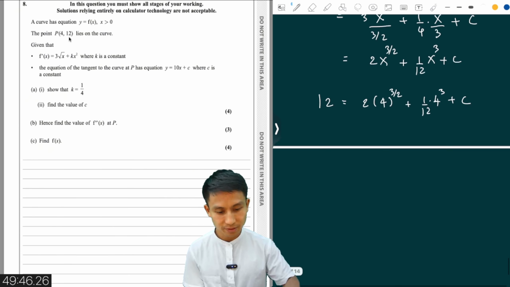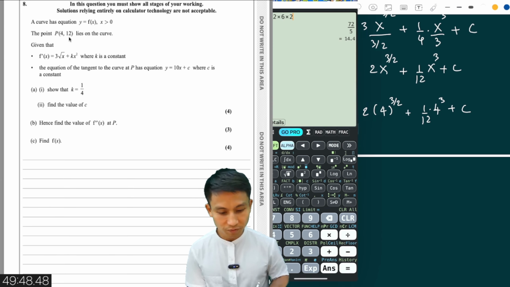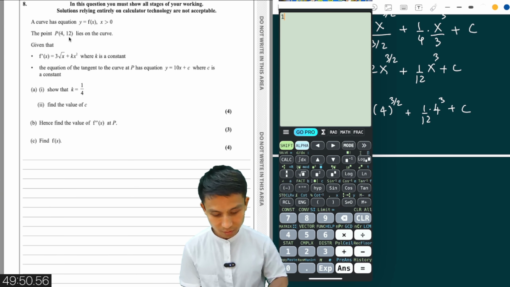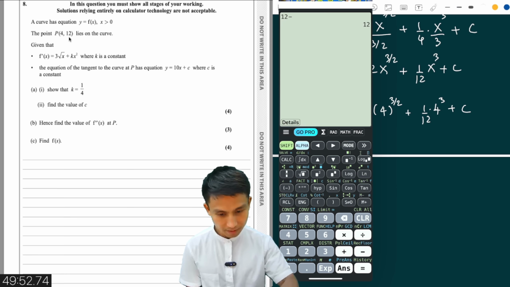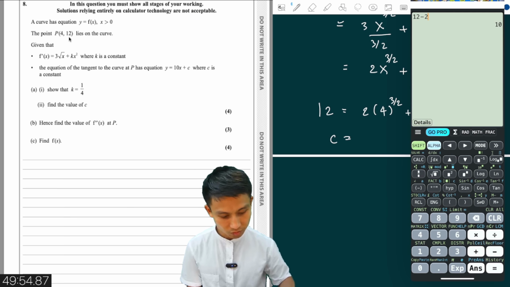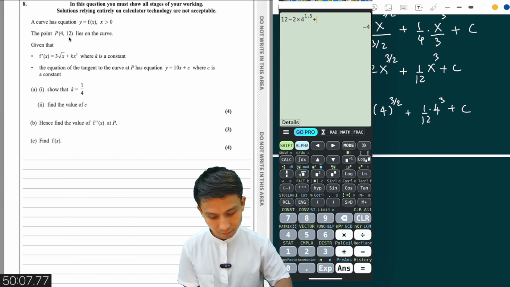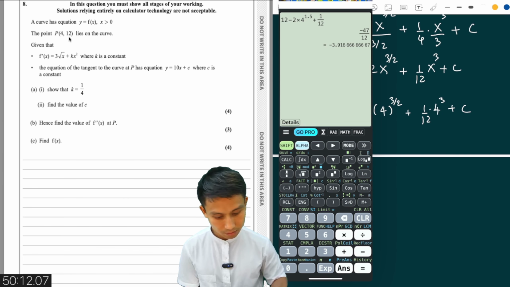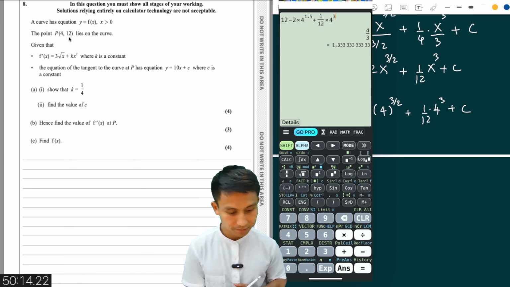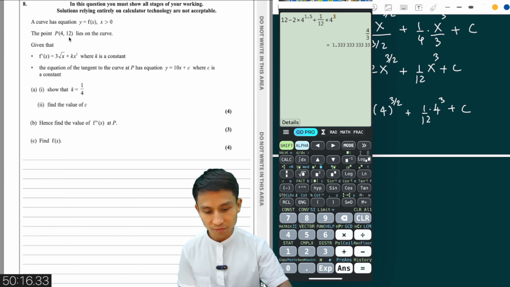All right, so c is just moving everything to the other side. 12 minus 2 times 4 to the power of 1.5, and also minus 1 over 12 times 4 to the power of 3. That's just 4 over 3 for c.